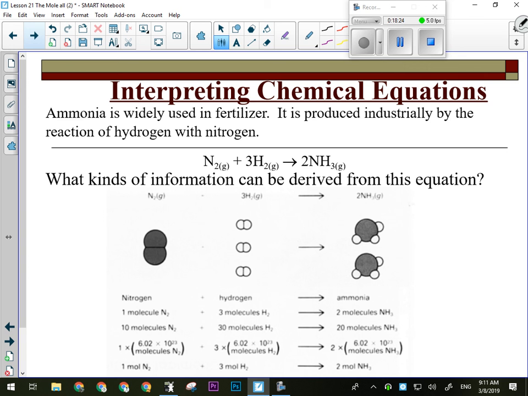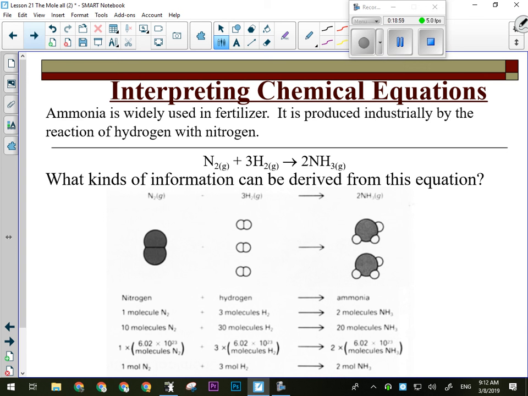What we more often mean is that I have 1 mole of nitrogen reacting with 3 moles of hydrogen to produce 2 moles of nitrogen trihydride. Is that a reaction I would notice? Yeah, because now I'm talking about considerably larger amounts of everything. I'm talking about 6.02 times 10 to the 23 molecules of this stuff, and 3 times that many molecules of this stuff, producing 2 moles of nitrogen trihydride.